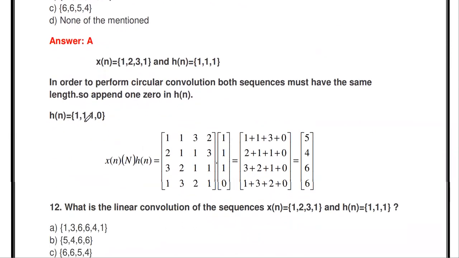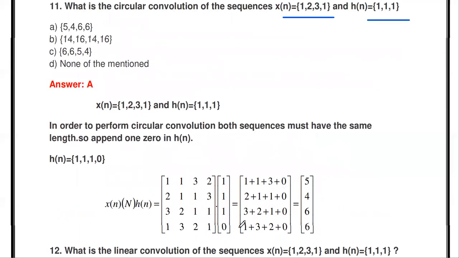The h of n can be written as 1 1 1 0. After that, using the matrix multiplication, the first column is 1 2 3 1, then you rotate: 1 1 2 3, then 3 1 1 2, then 2 3 1 1, multiplied with 1 1 1 0. We will get the answer as 5 4 6 6.